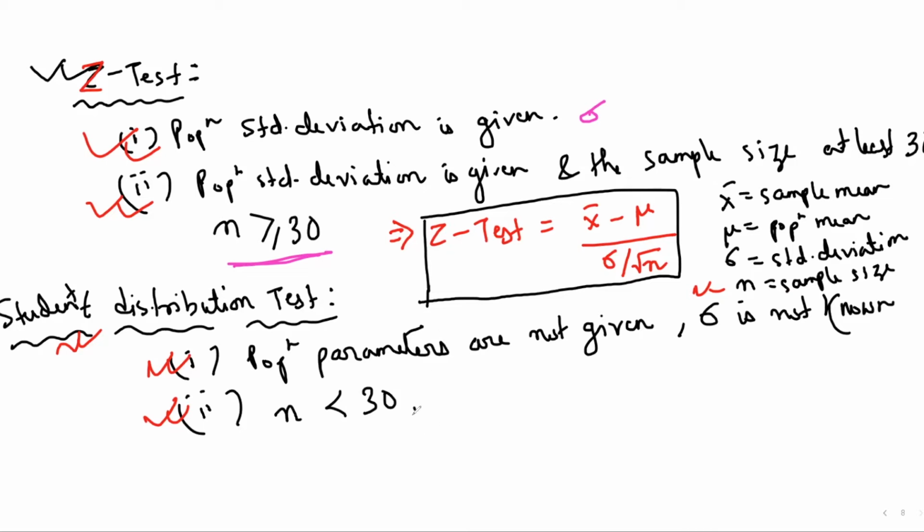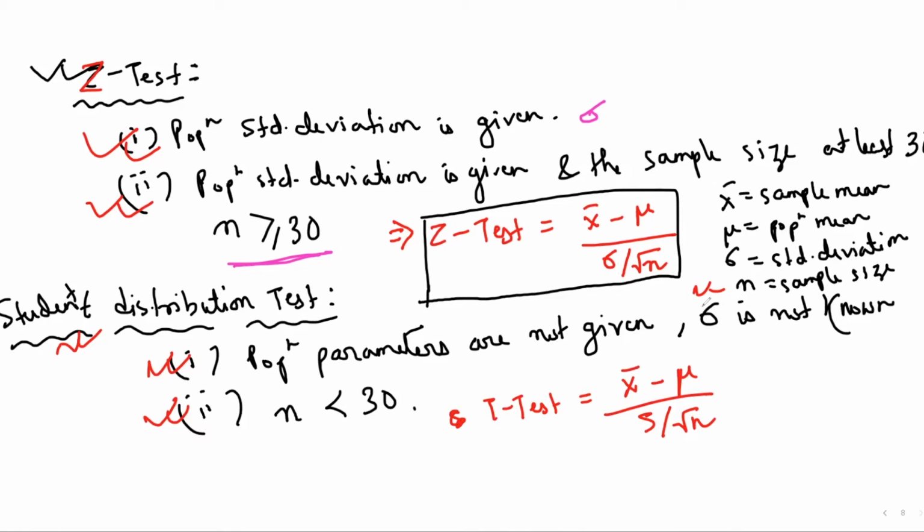Now, what is the formula for T test, the student distribution test? It is also the same. Instead of sigma, you will have S. What is S? S is the sample standard deviation.